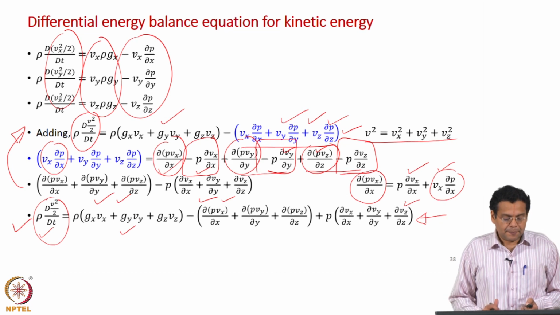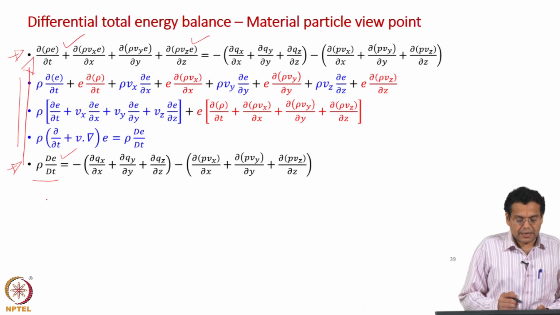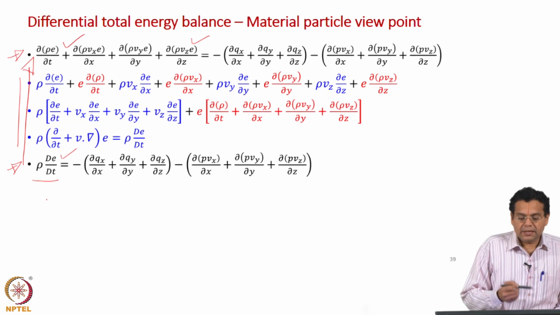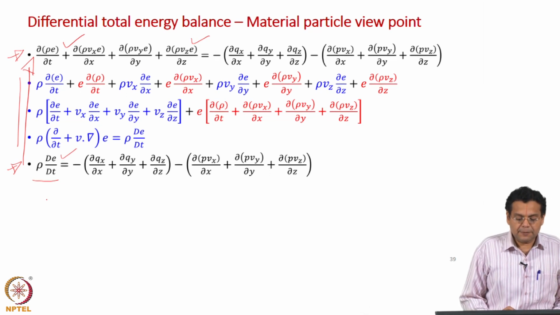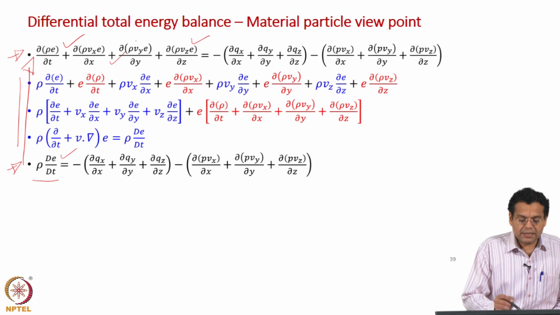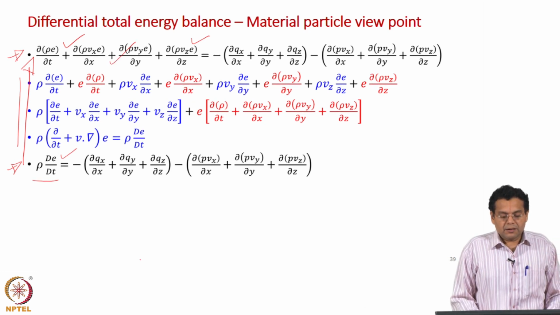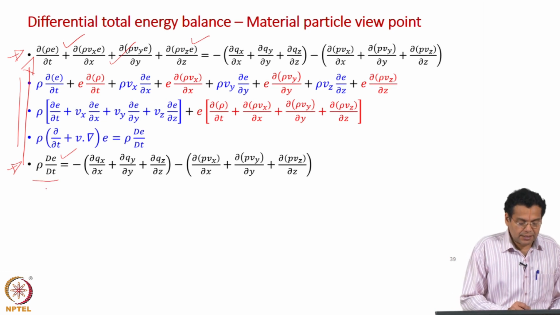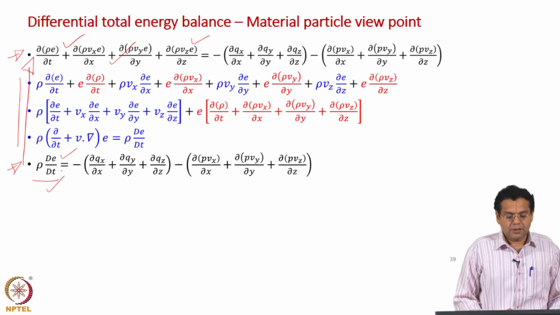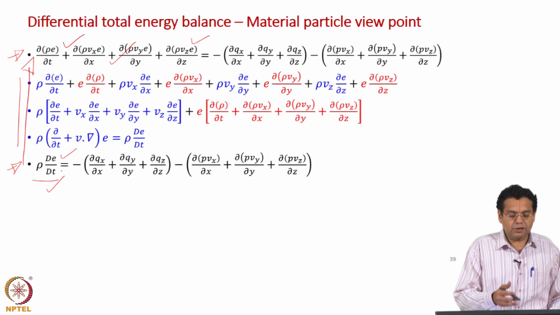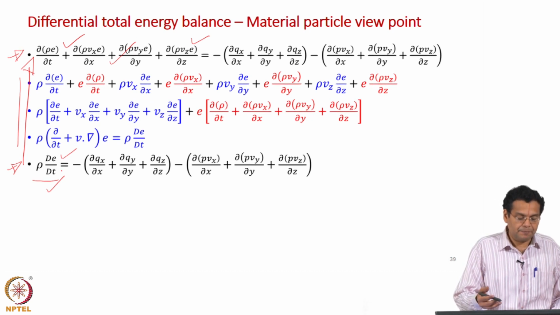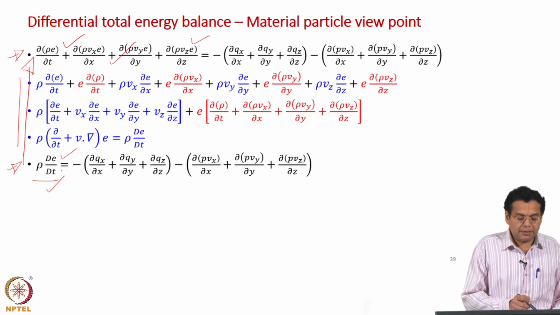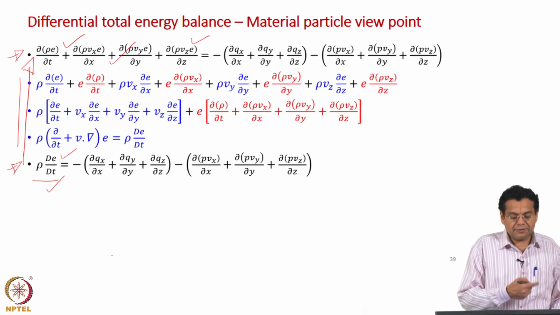Earlier, when we did the total energy balance equation, the left hand side was from an Eulerian point of view, and we expressed it in terms of the Lagrangian point of view. So, we went from, let us say, ∂/∂t, ∂/∂x, ∂/∂y etc. to capital DE/Dt multiplied by rho. What do we have right now?